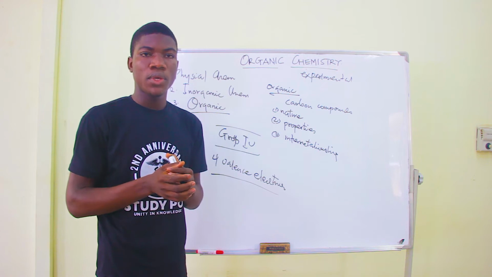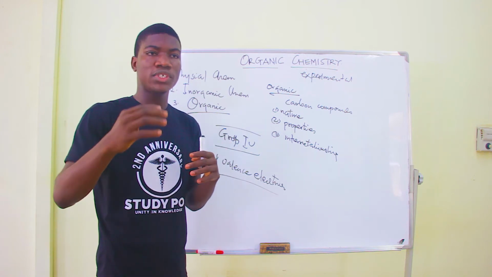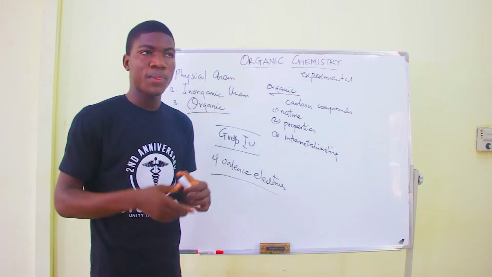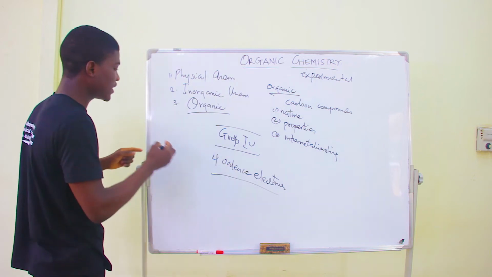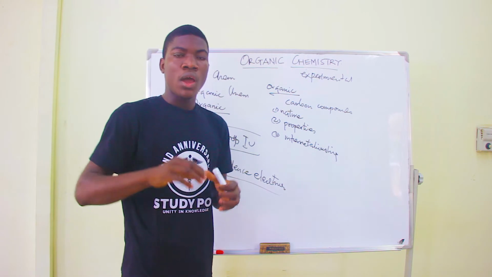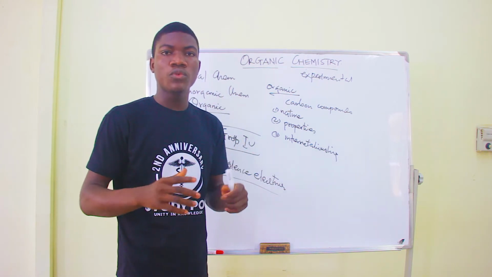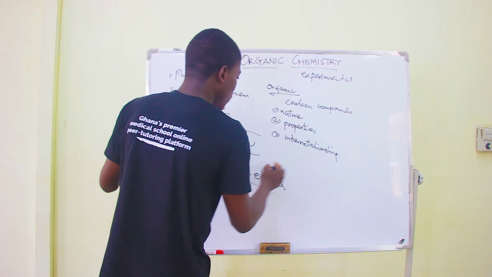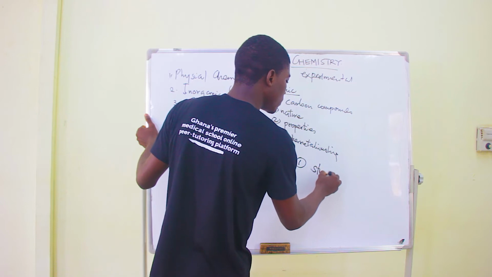So what they do is that they share electrons, they contribute electrons to form a stable bond. And because carbon is the smallest member of the group 4 elements, its bonding is so close to the nucleus, and so it is able to form strong bonds. So the reason why we are studying carbon is because it is able to form strong bonds.